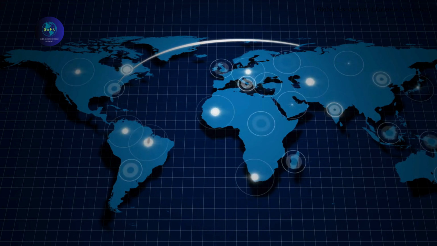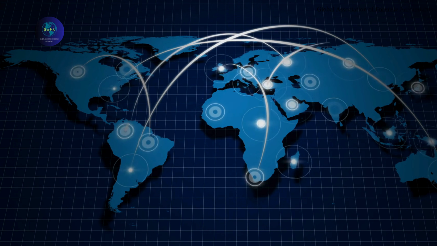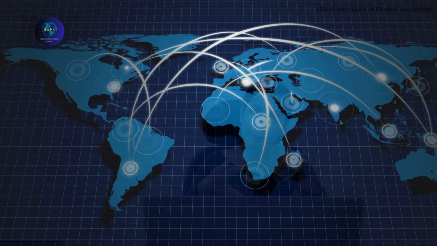There are 7 important steps you have to learn today to understand how the SAR is filed. Globally, this procedure may vary slightly from country to country, but most countries follow largely the same procedure.